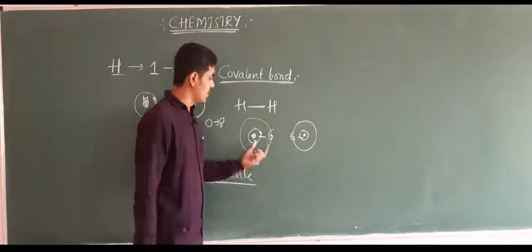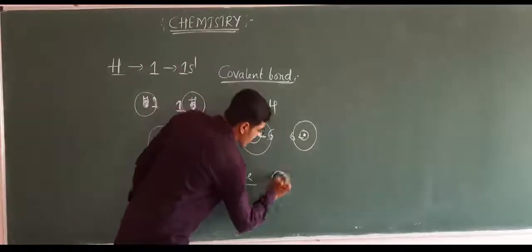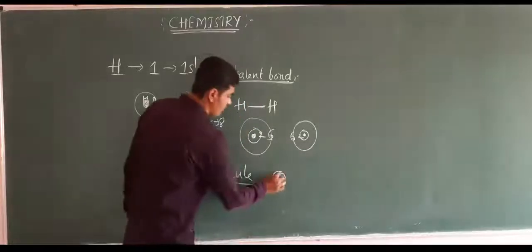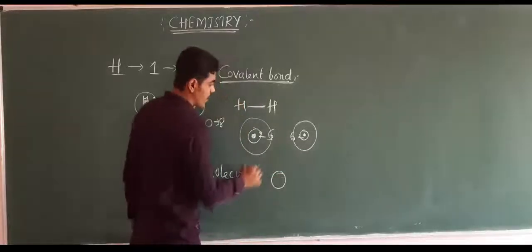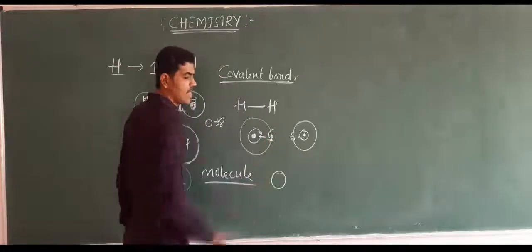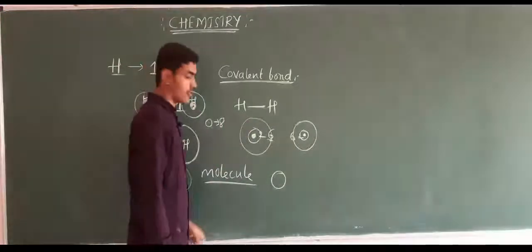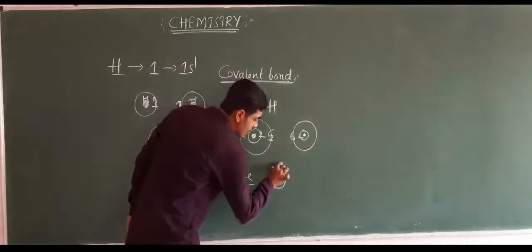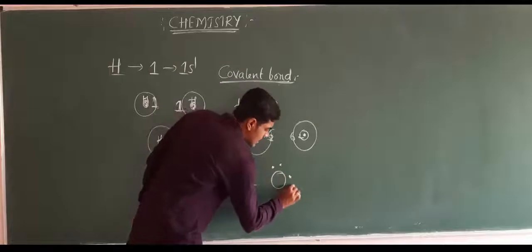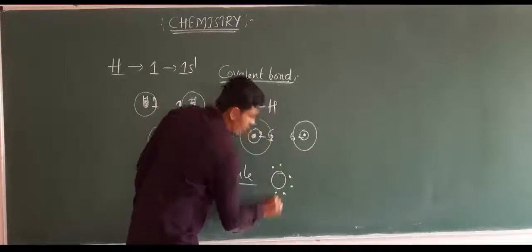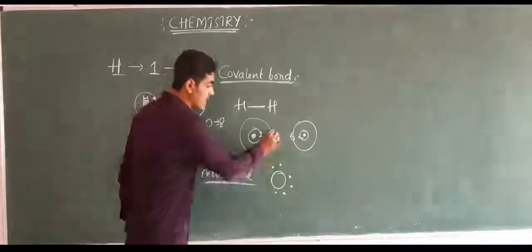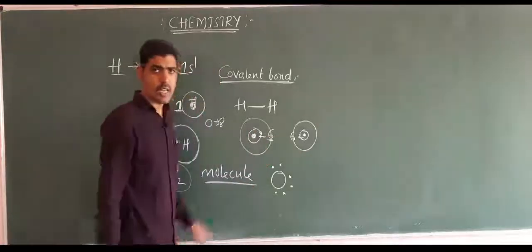So here these oxygen atoms can be represented as oxygen. How many electrons are there in the outermost shell? 6 electrons. So we can represent those 6 electrons by dots. Only these outermost shell electrons I am talking about.